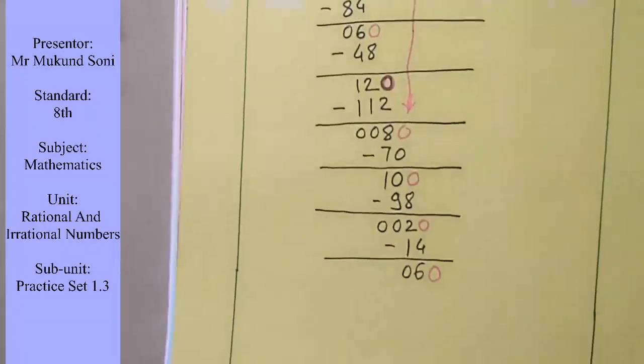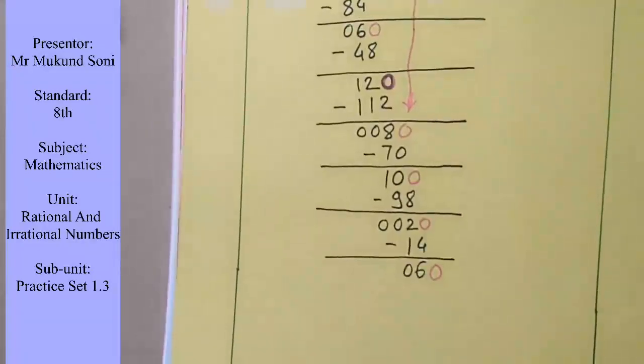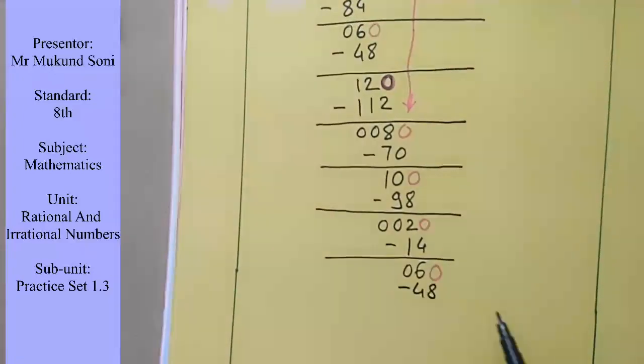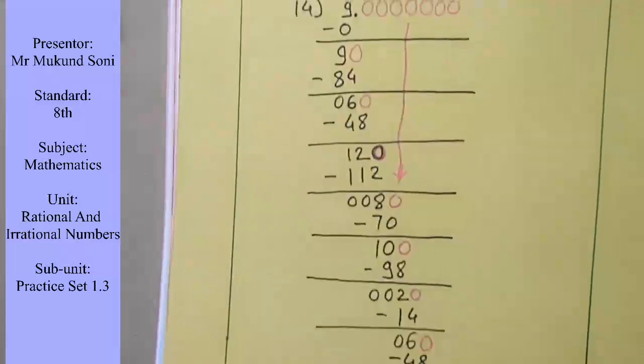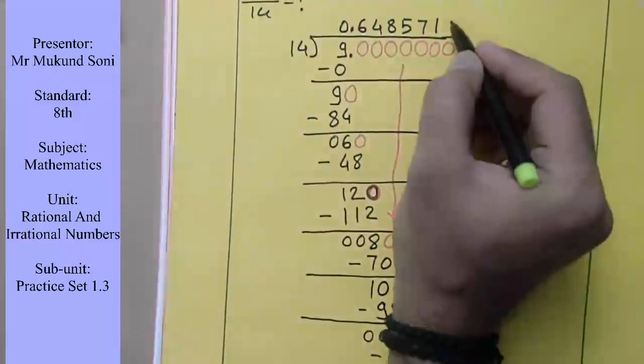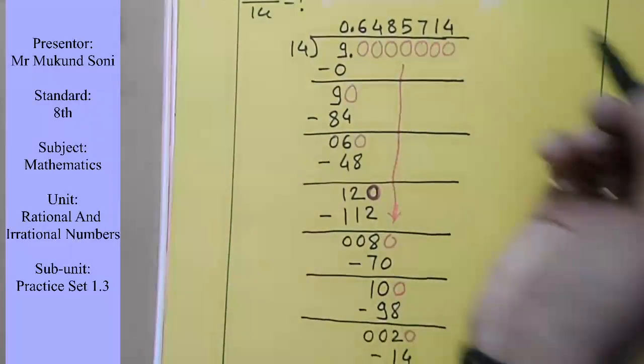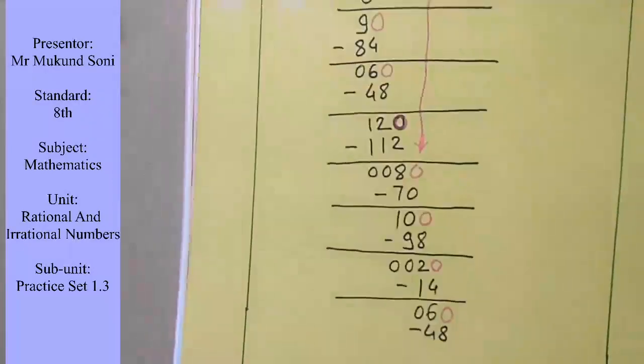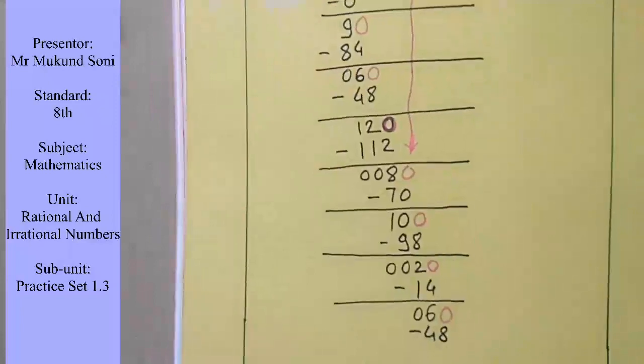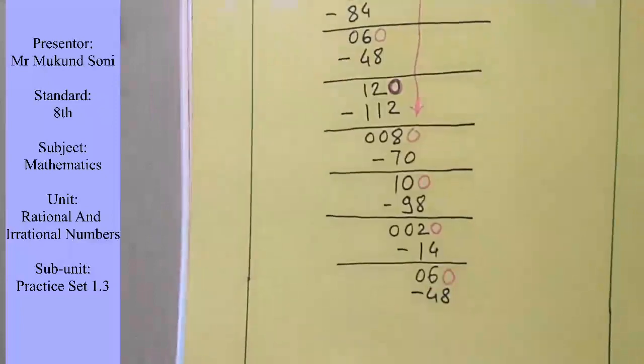Now 60 will be subtracted from 56 because 14 fours are 56. So I will write my quotient 4 here, and do the subtraction.